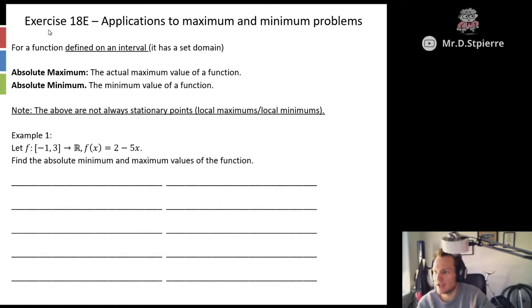We're going to first quickly look at absolute maximum and minimum problems, and they occur when we have a function for a defined interval.